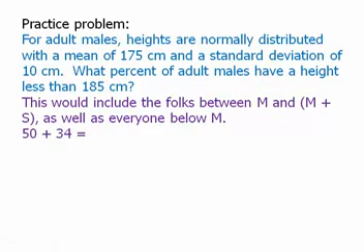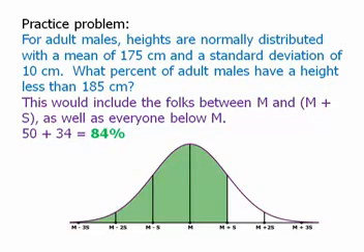So that's going to be the 50% that's below the mean, and the 34% that is between the mean and 1 standard deviation above the mean, and that's going to equal 84%. And we can see it graphically here, everyone below 1 standard deviation above the mean.